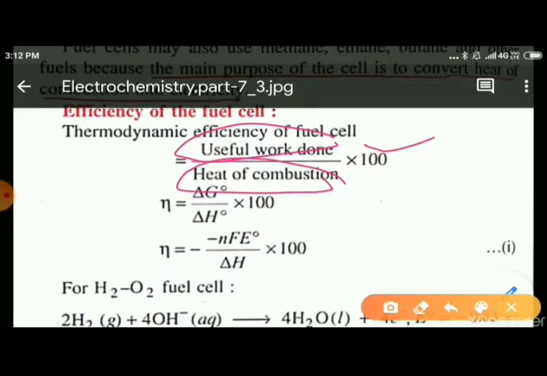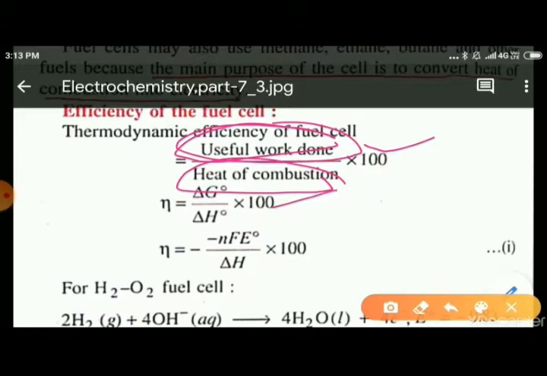Here useful work done is equivalent to the standard change in Gibbs energy of the reaction, and heat of combustion is indicated by delta H naught, the standard change in enthalpy of combustion, multiplied by 100.